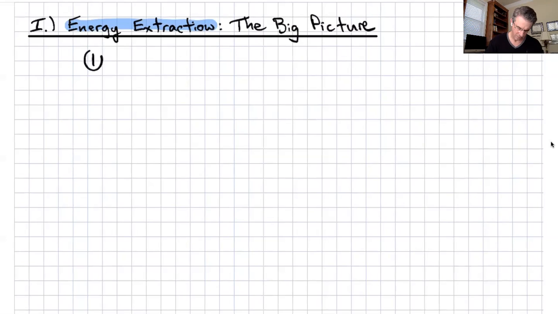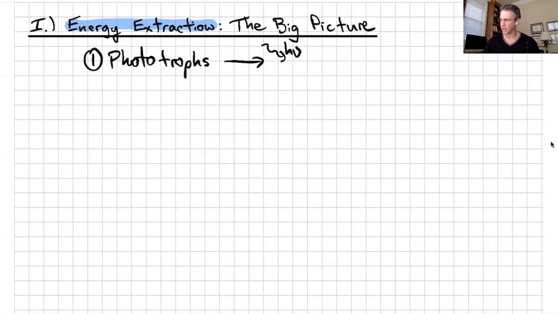There's, of course, the phototrophs, right, who use the energy of the sun to create a whole set of molecules, principally carbohydrates, which we'll talk about later, as a storage medium, essentially for the radiant energy coming from the sun.